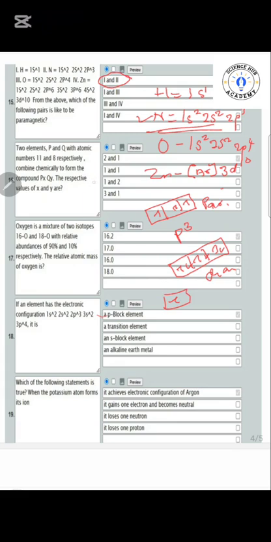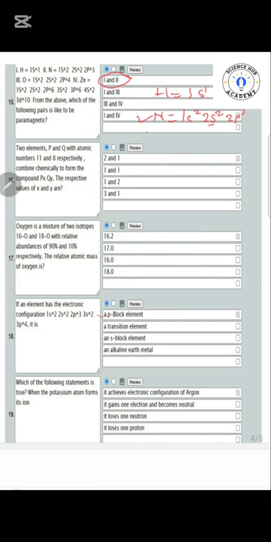Number 16, 2 elements, okay, let me clean that. Now 2 elements P and Q. P has atomic number 11, that's 2, 8, 1. Then Q has atomic number of 8, that is 2, 6. So P will lose 1 electron to become positively charged, and Q will gain 2 electrons because it is a non-metal, and then to become octet it becomes Q2 minus.